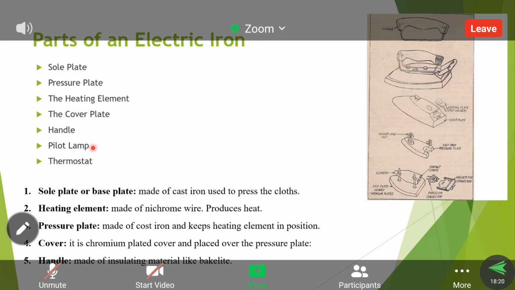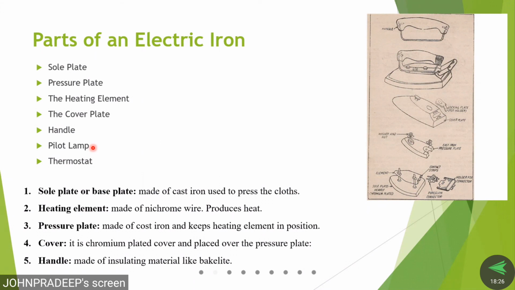Handle is generally made up of non-heat conducting materials. Right? Generally bakelite we are using, sometimes wood also, sometimes we also use plastic. So those plastics are also used for electric iron.